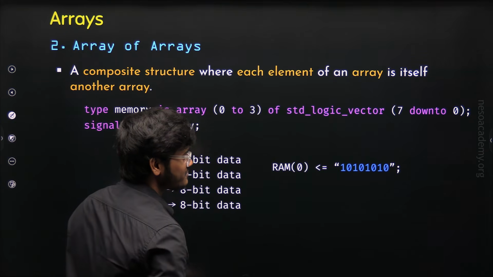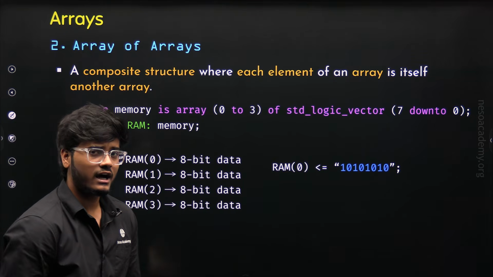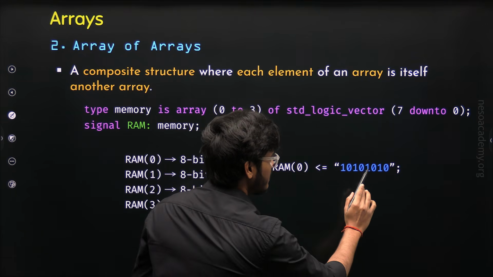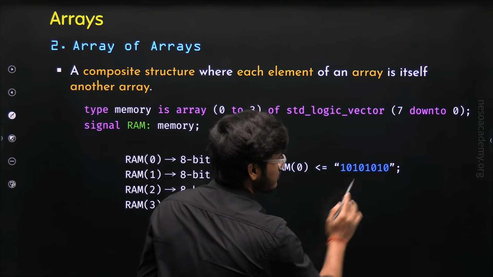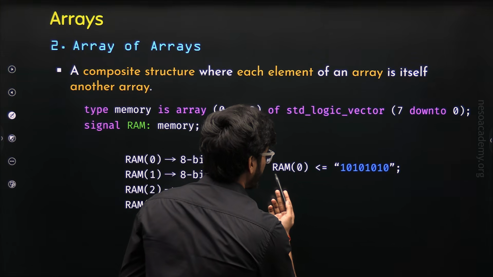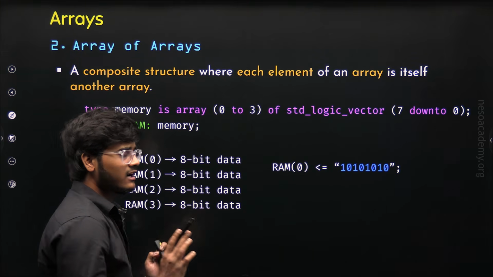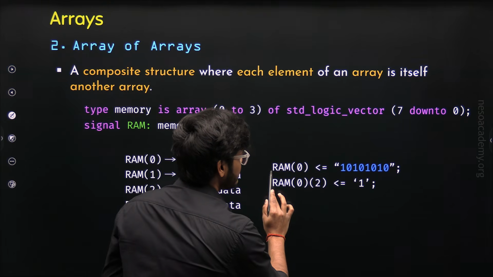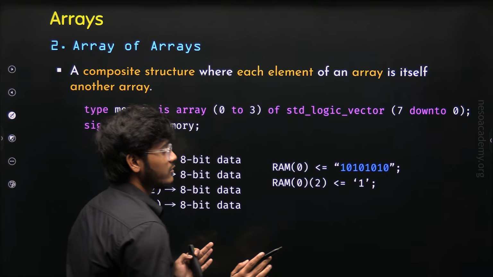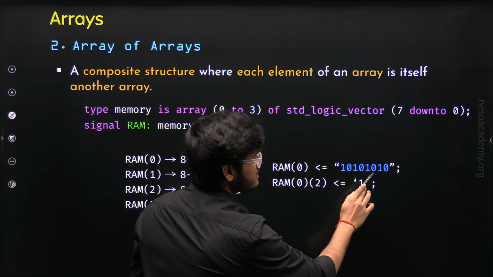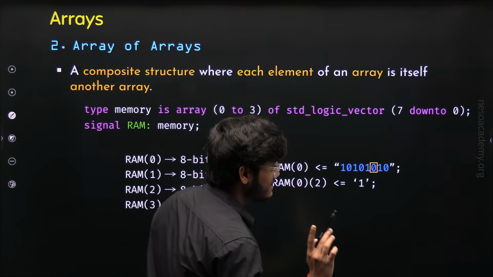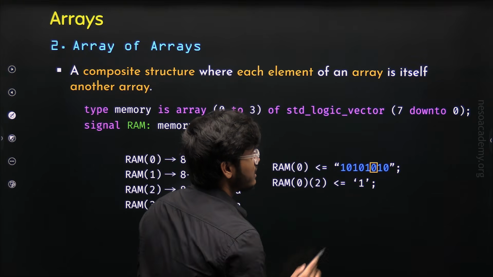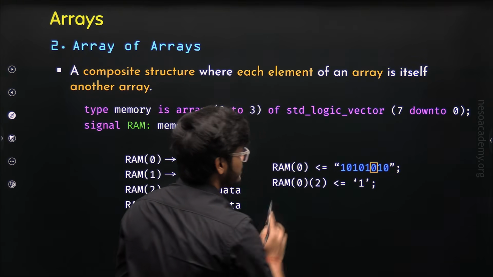Now, what if I want to change a particular bit of this sequence? For example, I want to change this 0 of this sequence of the RAM0 array. How to do that? Let's see. First, I will access this RAM0 sequence. And what I want to change is this 0, which is at the second position, meaning 0th, first and second position in this sequence of RAM0.